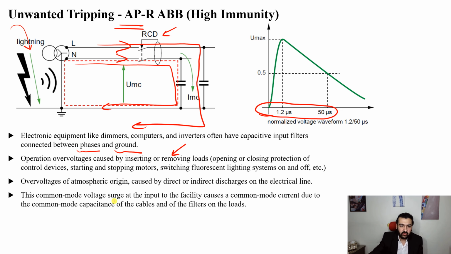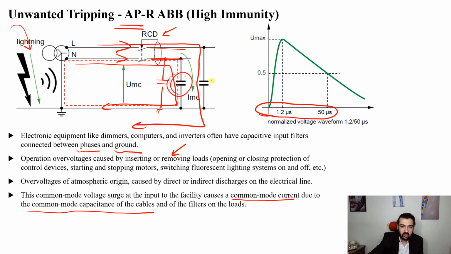This common mode voltage surge, because both of them will have large voltage with respect to the ground, will lead to a common mode current. Each of them will have current going to the ground due to the common mode capacitance of cables and filters. So filters and these cables here also have a capacitance with respect to the ground.